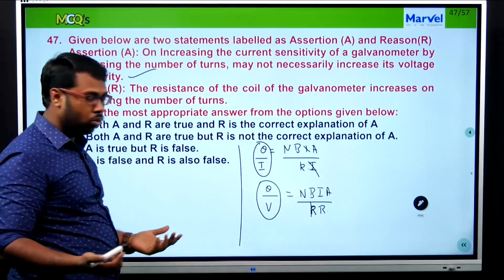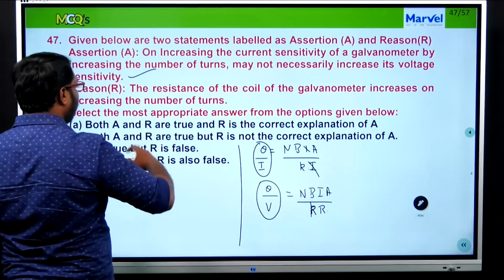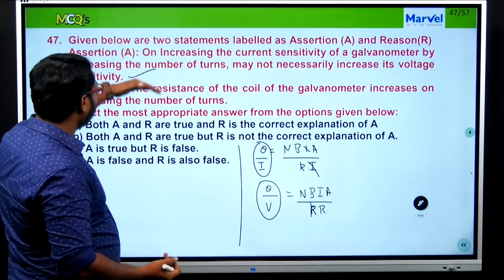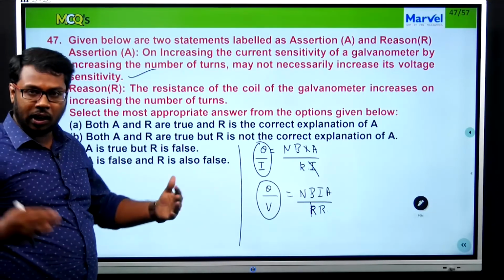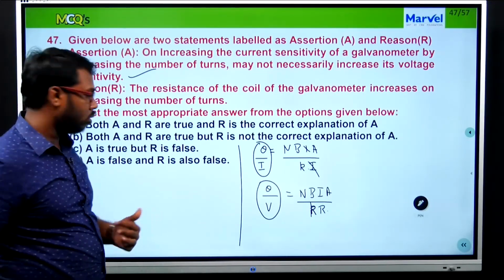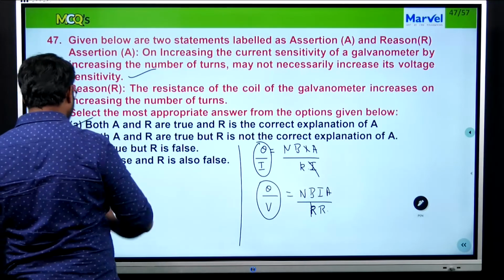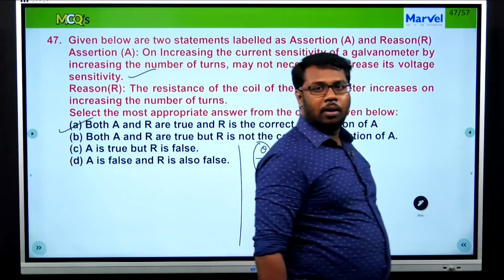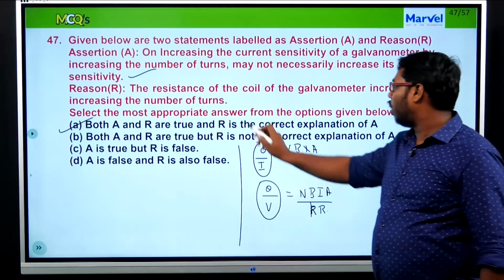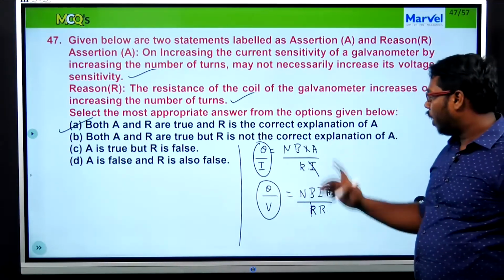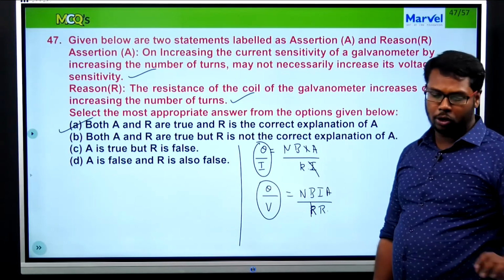That is also true. And moreover, that is the explanation why your voltage sensitivity didn't increase as you increase the number of turns. So I choose to go with option A. That is how I conclude this. Both are correct, and at the same time, both are related.